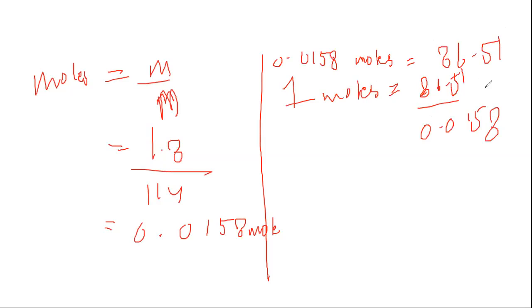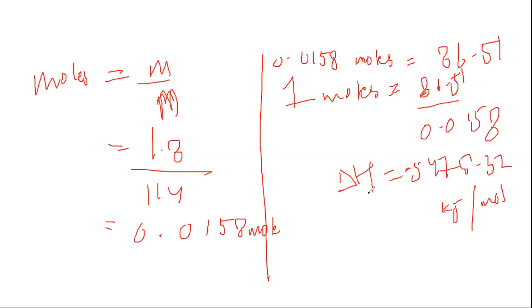No need to write 1 because multiplying by 1 gives the same value. So divide 86.51 by 0.0158. The answer is 5475.32 kilojoules per mole. This is for per mole. You have to place a minus sign here because this amount of heat will be released. So this is the heat change.